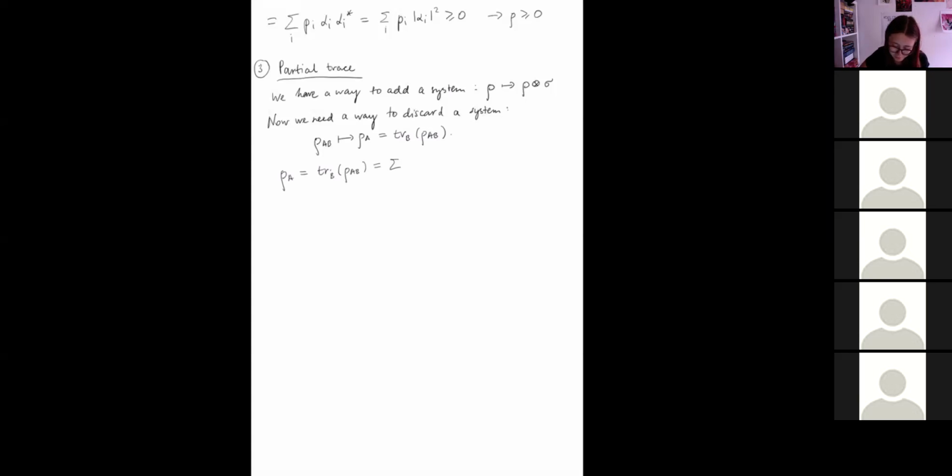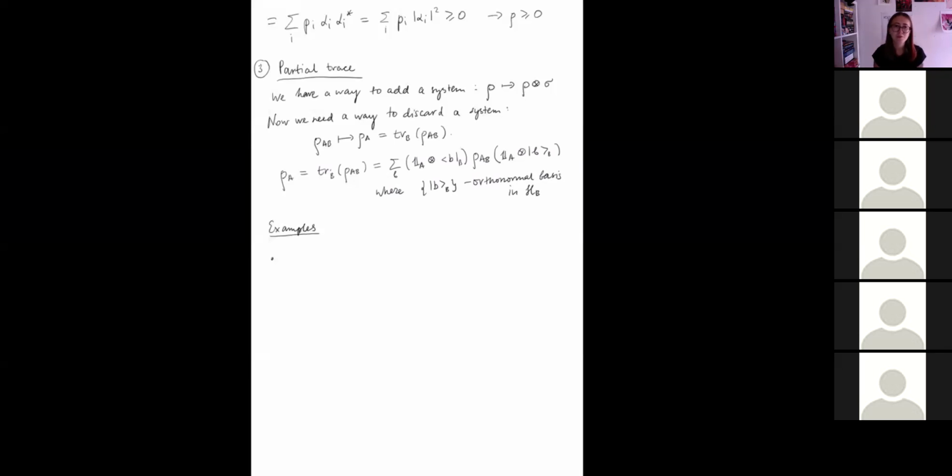This is the sum over b, identity on A tensor product bra b on B, rho AB, identity on A tensor product ket b on B, where the states b on B are an orthonormal basis in the Hilbert space corresponding to the system B. Okay, so this is the way it's defined.